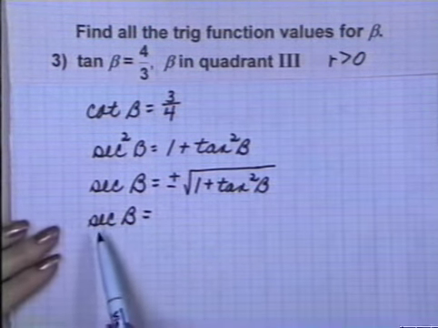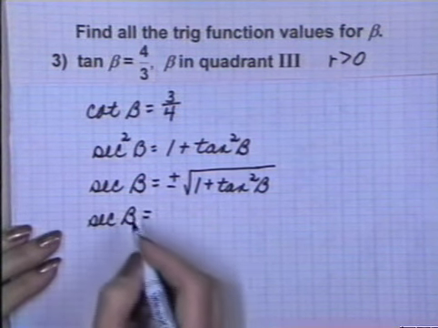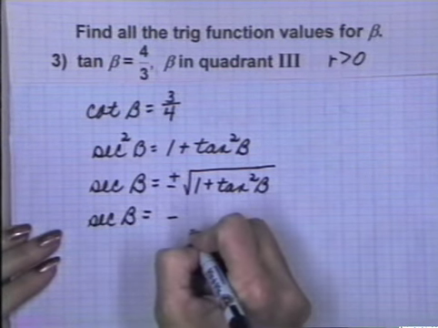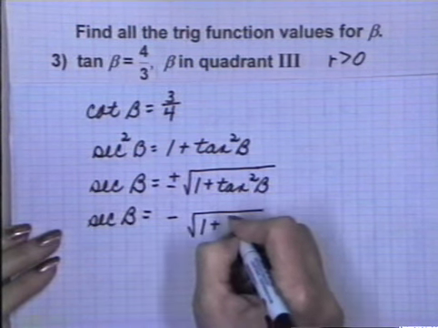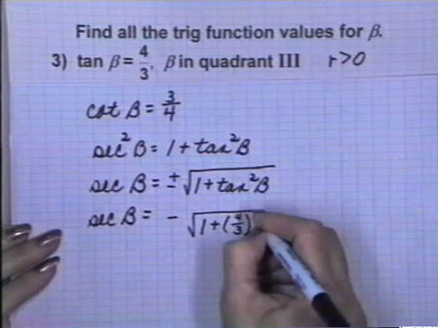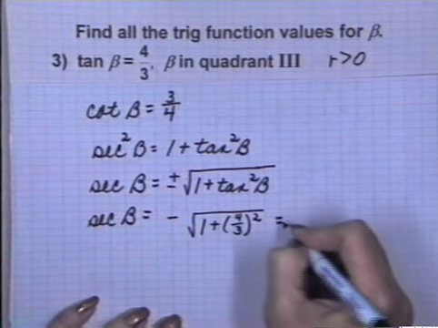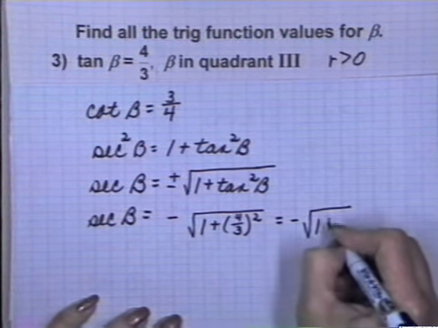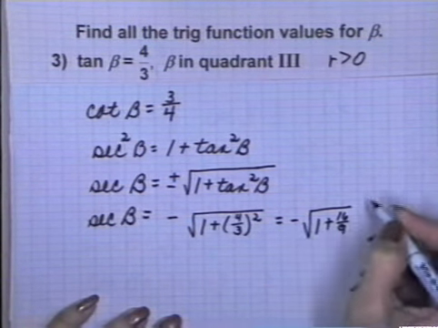And so for the secant function of an angle whose terminal side is in quadrant 3, I know that it is negative. So this should be a negative. So I'll have minus the square root of 1 plus, and then I'll put my 4/3 in for my tangent of beta, and then I want to square it. So I'll have minus square root of 1 plus. When I square, I get 16/9.